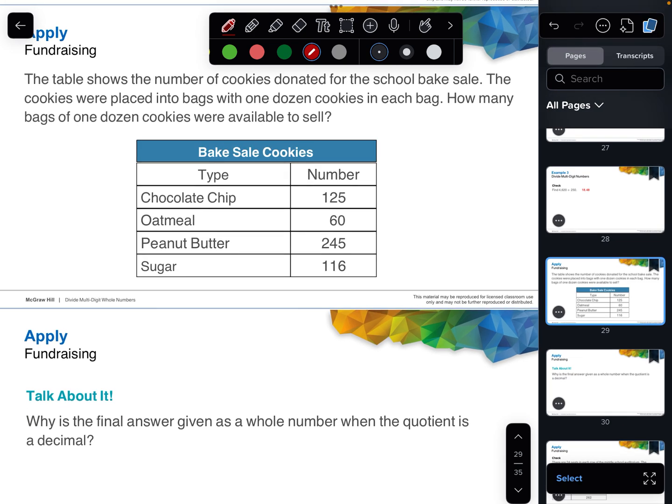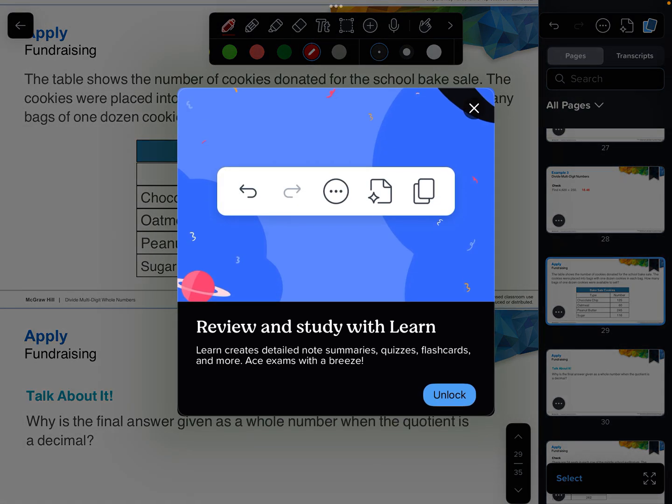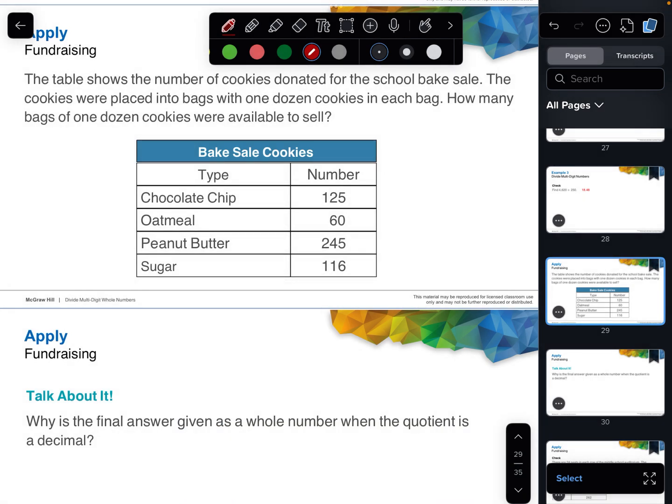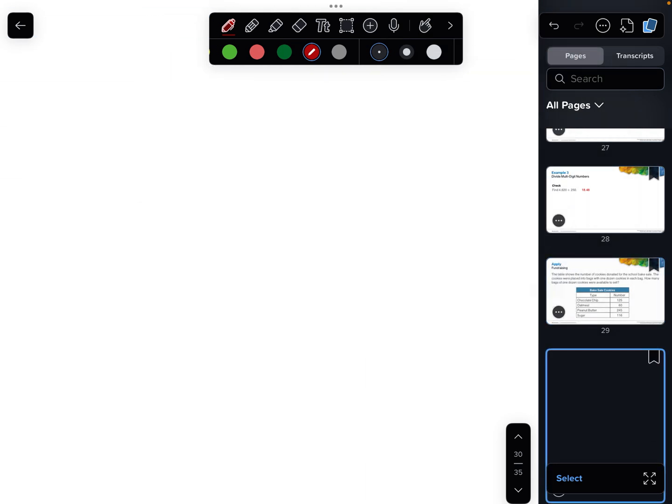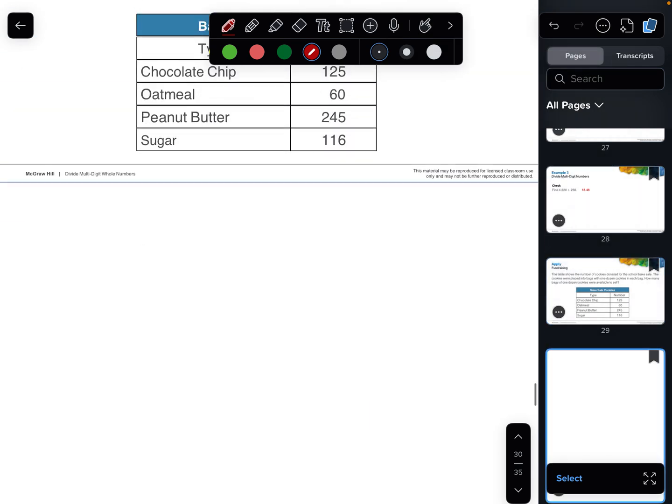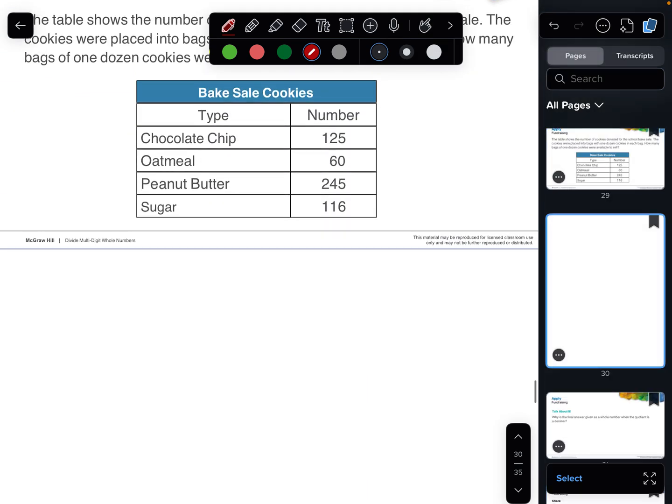I need to add on a page right here to work through this problem with you. Sorry, bear with me. All right.